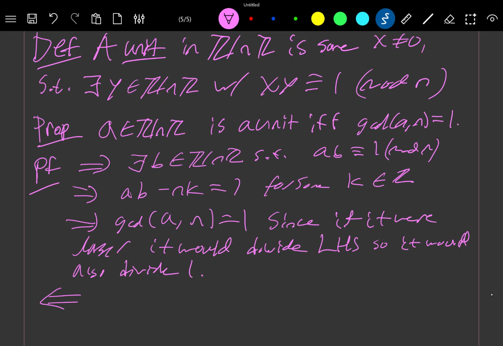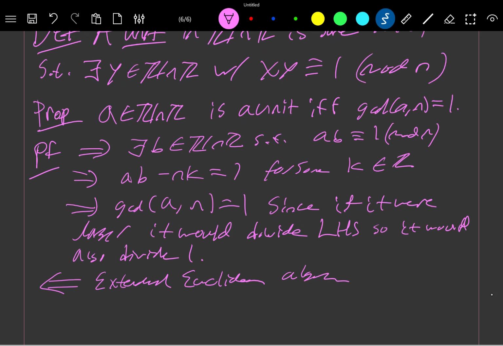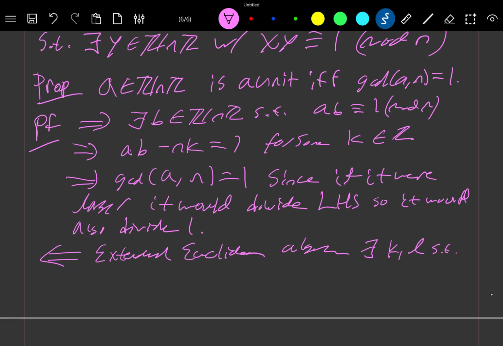Now for the reverse direction, use the extended Euclidean algorithm. That tells us that there exist some k and l such that ak plus nl is equal to 1.